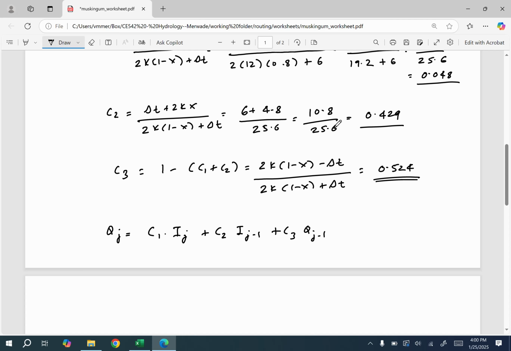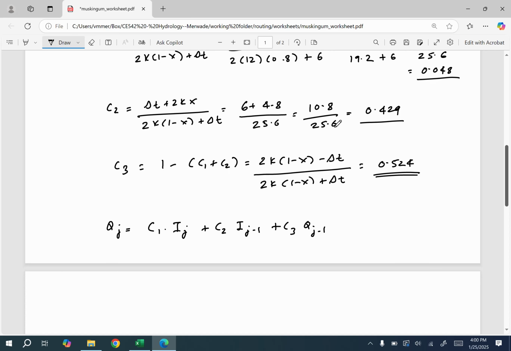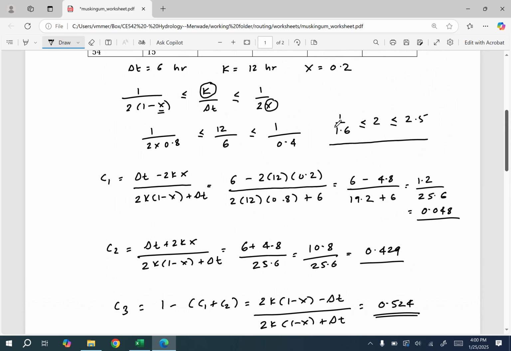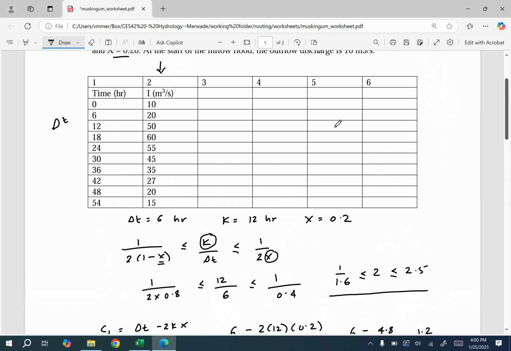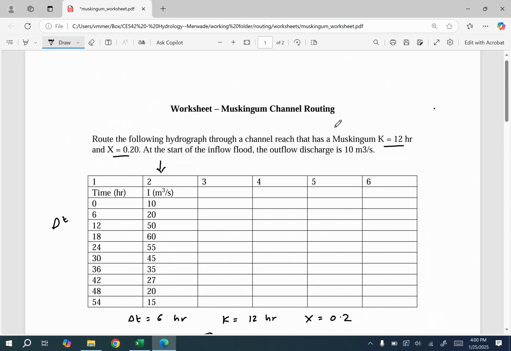And that is what we will do in this table that is given to us in our worksheet. Okay, so I will still write that down here. Qj is equal to C1 times Ij plus C2 times Ij minus 1 plus C3 times Qj minus 1.